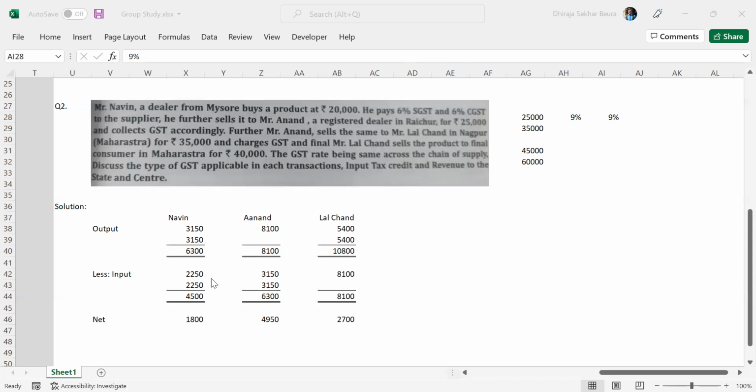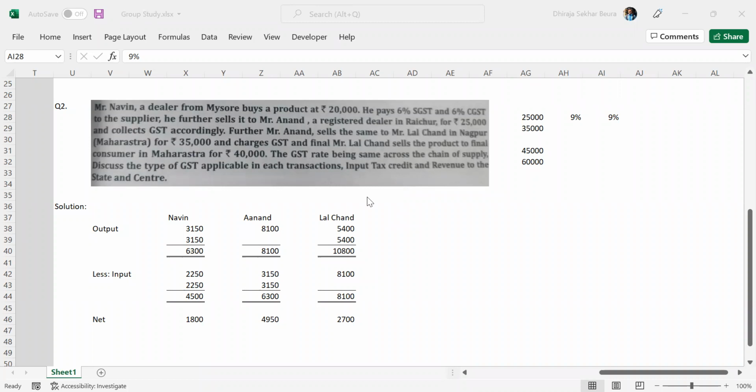Anybody who has completed Mr. Naveen or any specific one? All right. No problem, sir. Please go ahead.